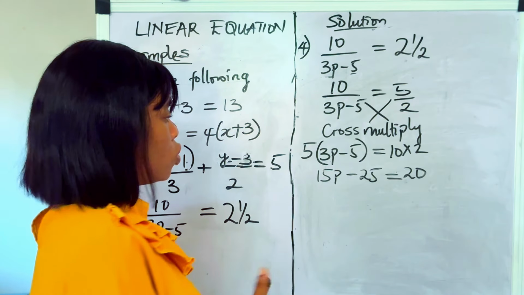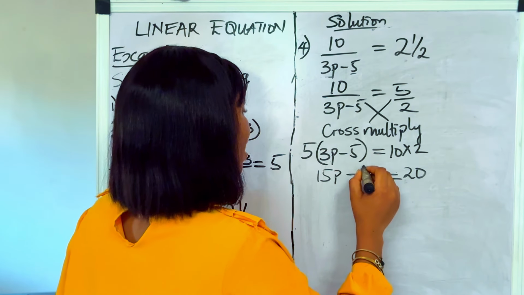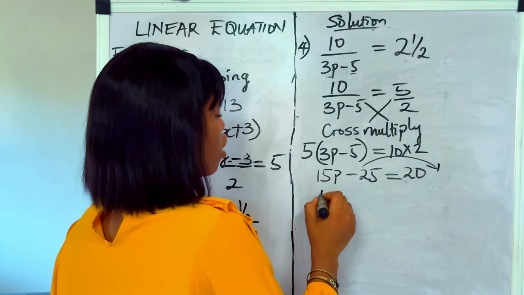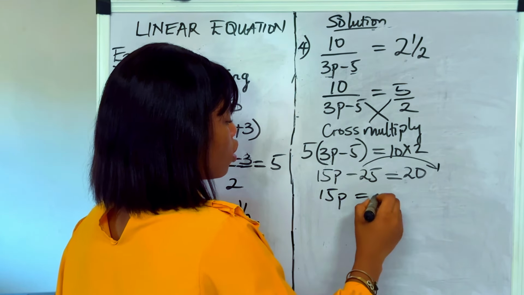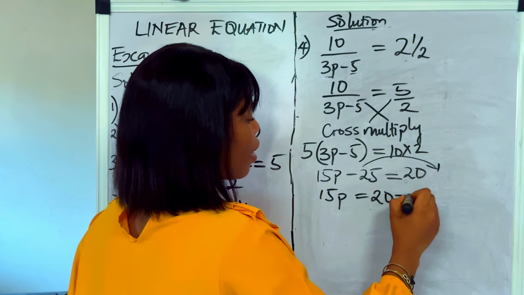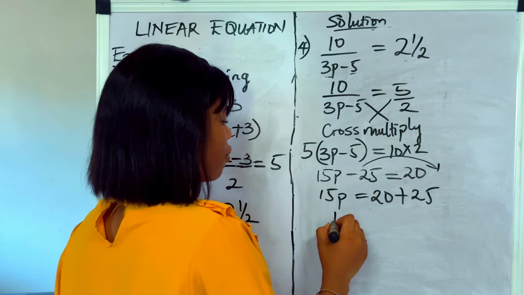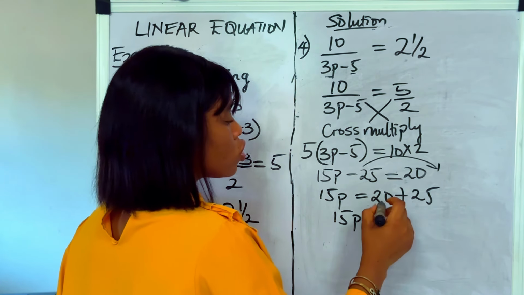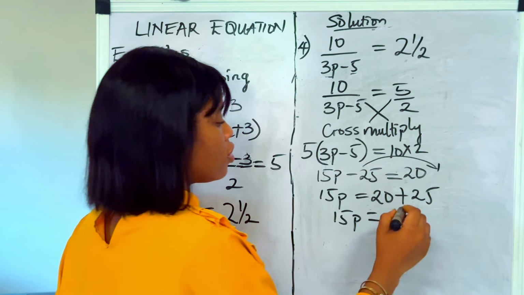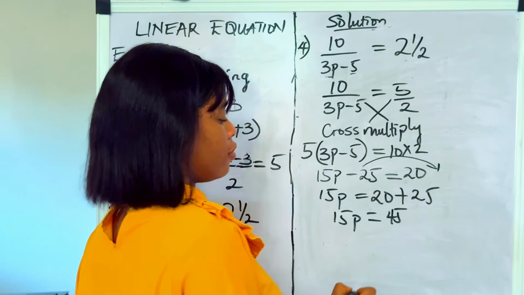For p to stand alone, we first move minus 25 over to this side, so that we have 15p equals 20 plus 25 gives 45.